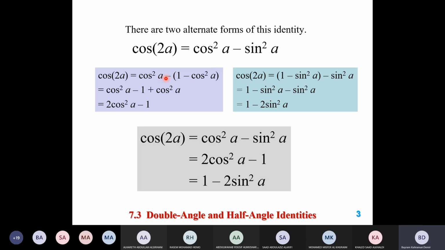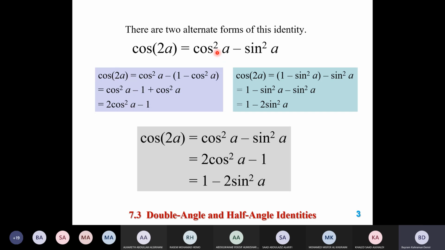And you calculate again, you will get 2 cosine square A minus 1. So this is one option.